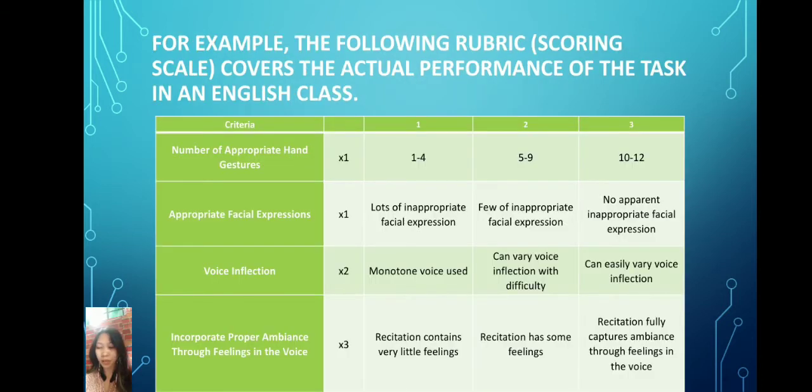So, for example, the following rubric or scoring scale covers the actual performance of the task in an English class. A rubric is comprised of two components. These are the criteria and levels of performance. Criteria here, according to NIU, identify the trait, feature, or dimension which is to be measured, and include a definition and example to clarify the meaning of each trait being assessed.